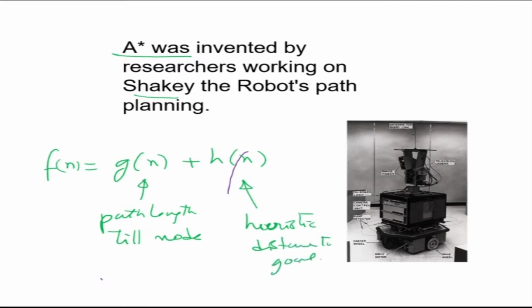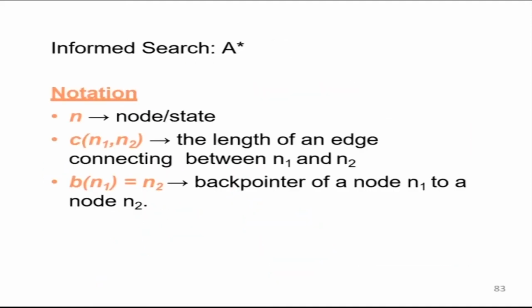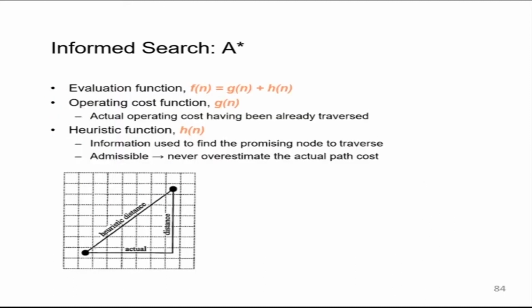In Dijkstra's algorithm, we were just looking at the path lengths. We didn't have any heuristic telling us how far the node is from the goal. Whereas here the heuristic can be the distance to the goal.